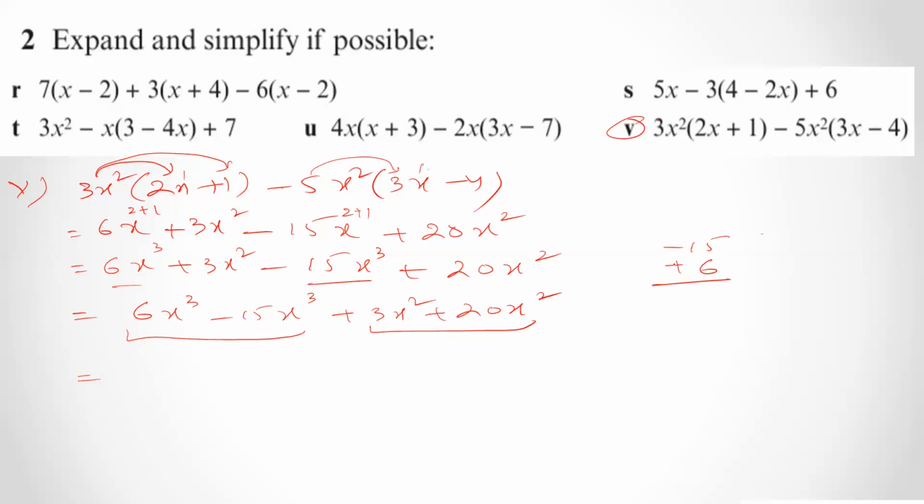Plus and minus will always be subtracted because the signs are different. So 15 minus 6 will be 9. The sign is negative because the number 15 is bigger, which carries the negative sign. So it will be negative 9x power 3 plus 20 plus 3 is 23x squared. This is your answer for exercise 1A, question 2, fifth part, the V part.